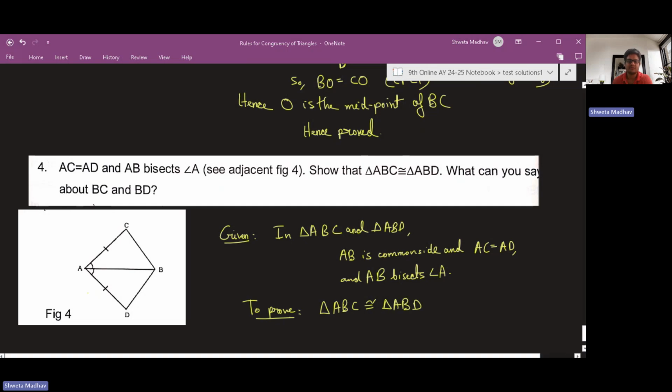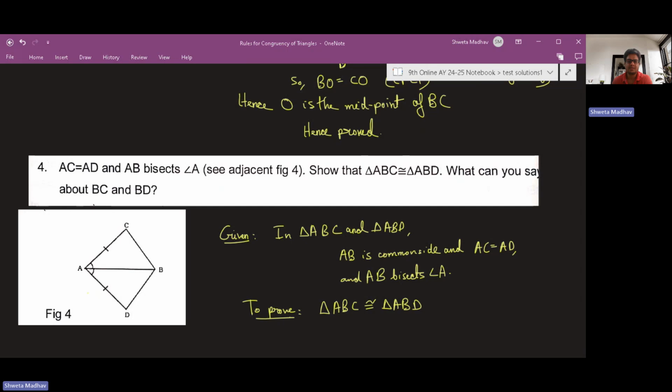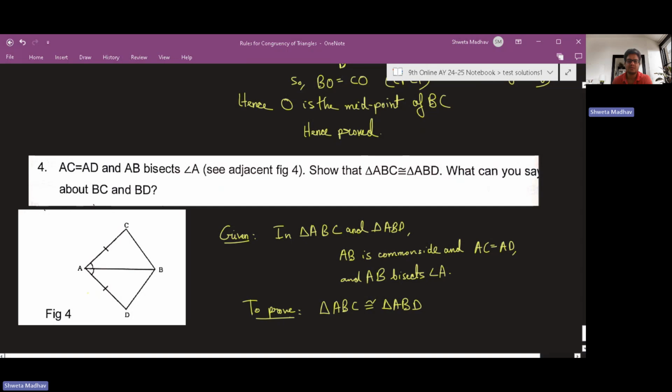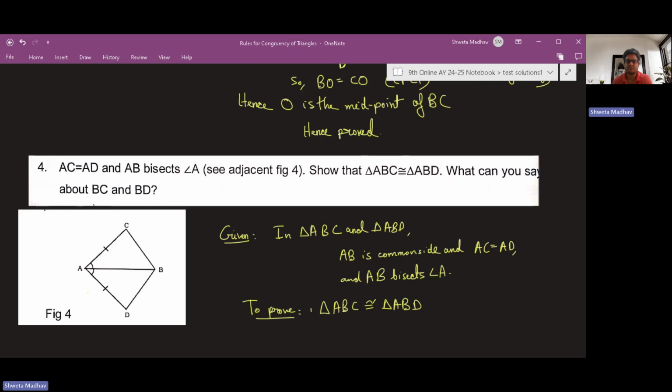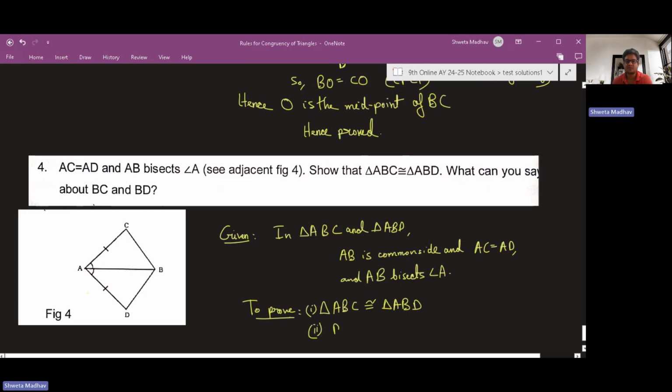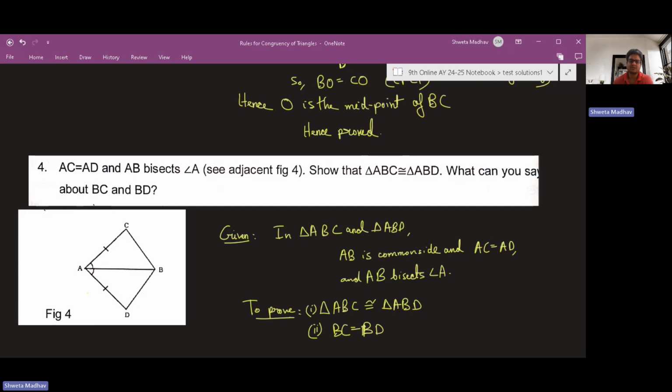If ABC is congruent to ABD, then obviously BC will be equal to BD, by CPCT.